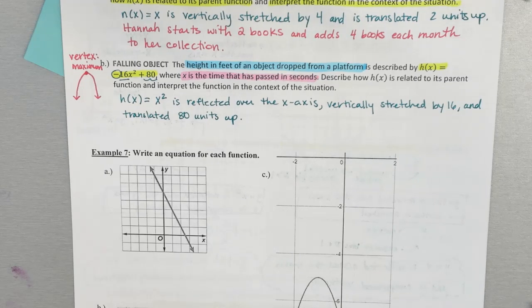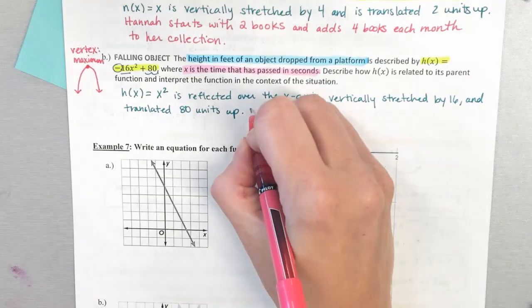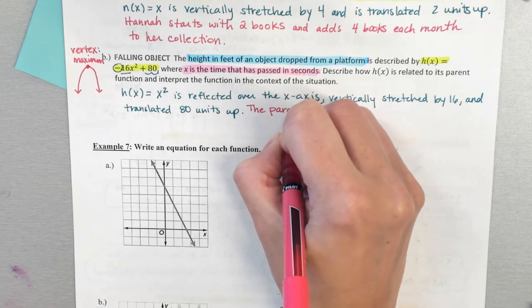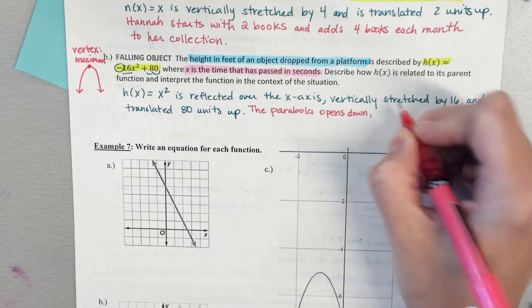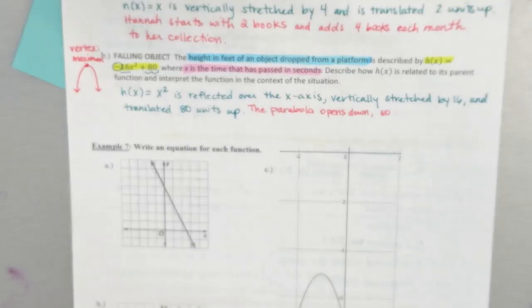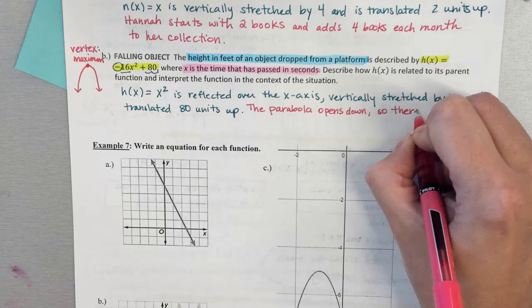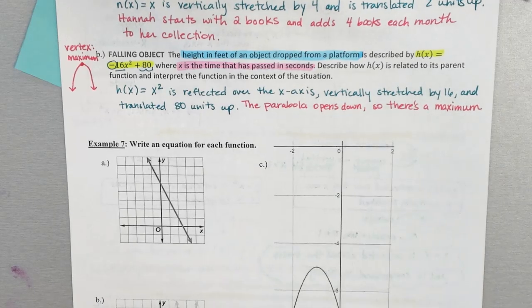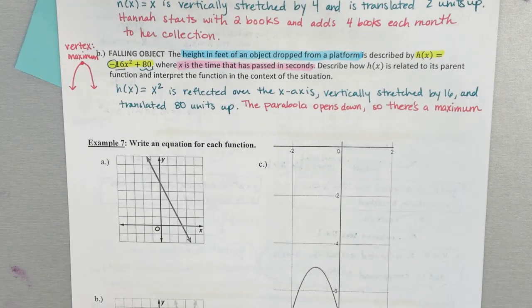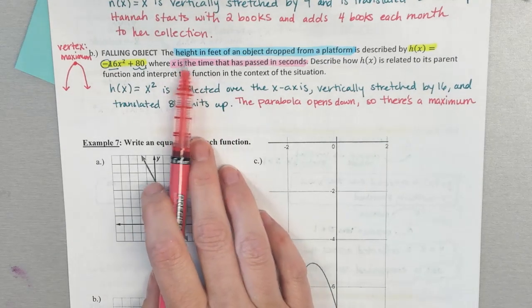And so what we're going to do is we're going to analyze this part of the situation. So you're going to tell me which way the parabola opens. And in this case, the parabola opens down or downward. Okay, the parabola opens down, so there's a maximum something. Okay, so the maximum is going to be the y-coordinate, and the y-coordinate is the same as the output.